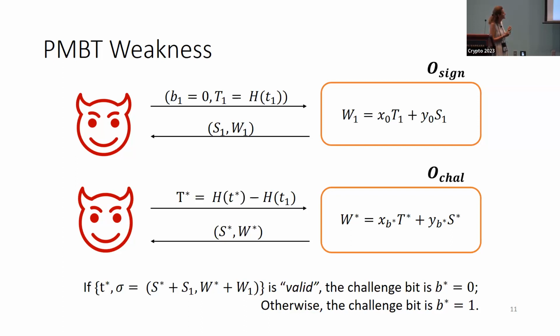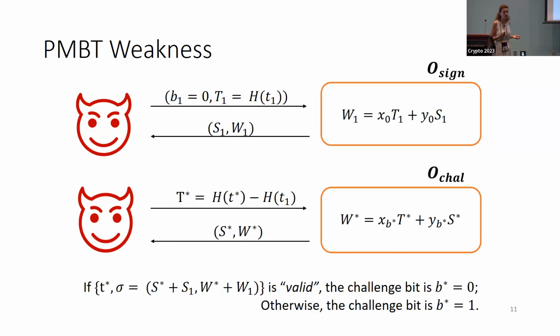This comes from the fact that there are these linear operations happening. If the bits are matching, it is easy to infer that it is indeed the 0 bit which was used in the first query. And if it was not a well-formed token, then the adversary would infer that B star is 1. So this is the type of attack that we would like to avoid.